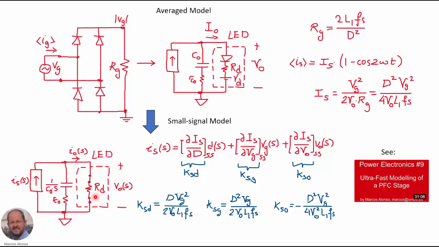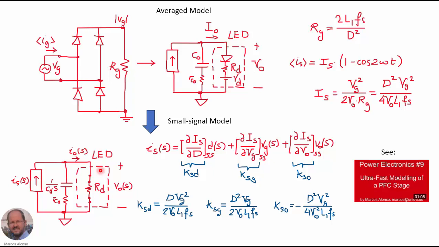This is very important because we have to distinguish between the dynamic resistance of the LED and the DC resistance of the LED. The DC resistance of the LED will be given by the ratio of the DC output voltage divided by the DC current through the LED. This corresponds to the DC resistance, but this is not the resistance that we have to consider in the AC model.